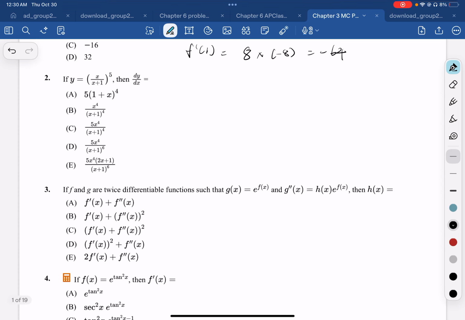All right, next one, we gotta use the chain rule for this one also. So y prime equals 5 times x over x plus 1 raised to power of 5 minus 1, which is 4, and times the inside derivative, which is the derivative of x over x plus 1.